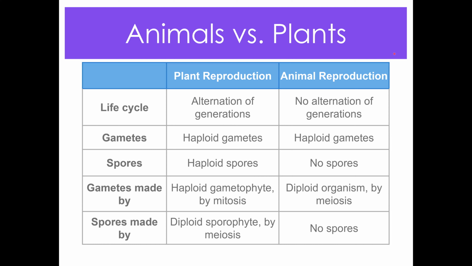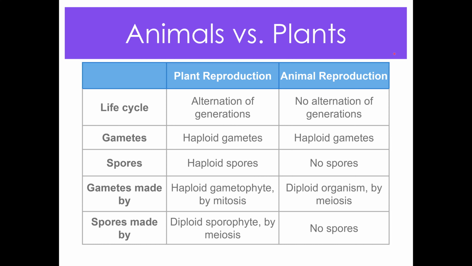So both have haploids. When there's spores, the spores are haploids in plants, and animals just don't have spores. As far as where you're getting your male contribution, in plants, it's the haploid gametophyte, and that happens by mitosis, whereas in animals it's diploid, and it happens by meiosis.